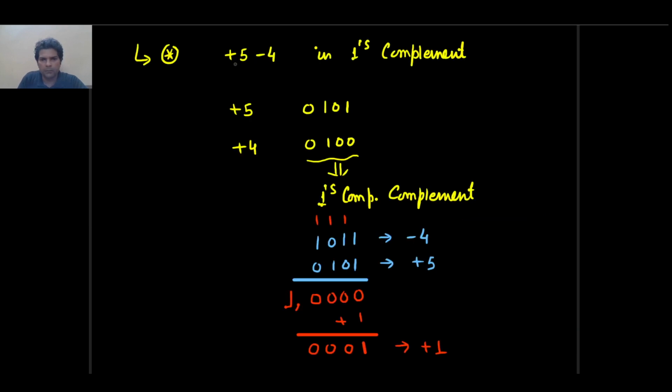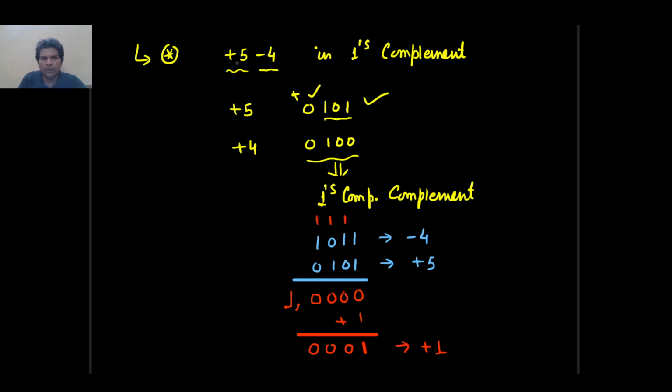Now for example, in ones complement, say this is plus 5 and this is minus 4. We need to subtract 4 from this 5. How do we know this is plus 5? Because this is positive: the MSB is 0 and the remaining bits are magnitude.